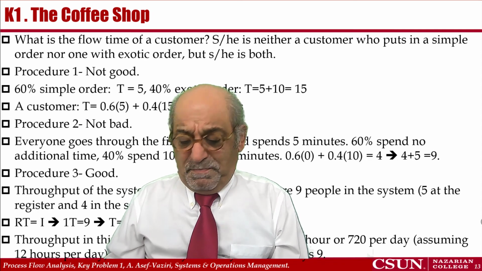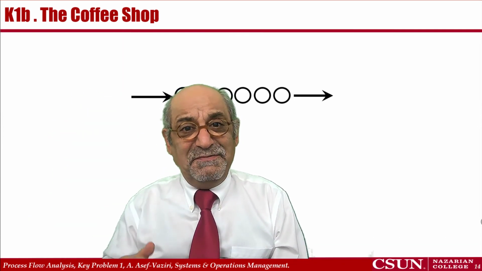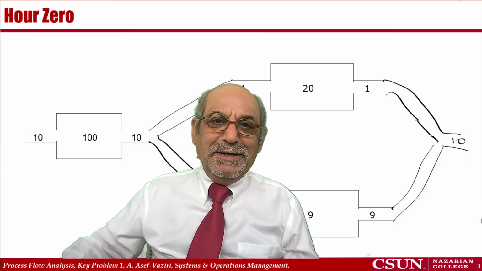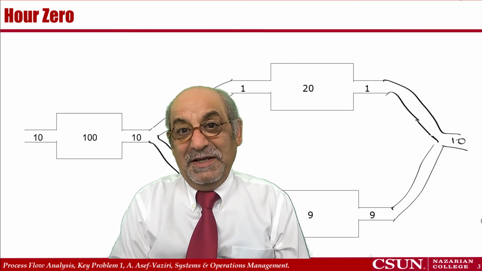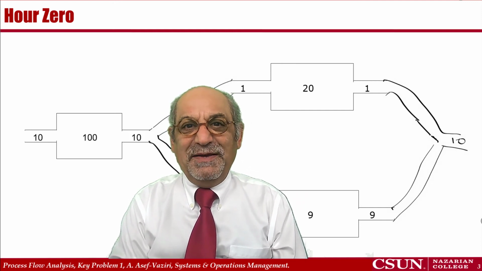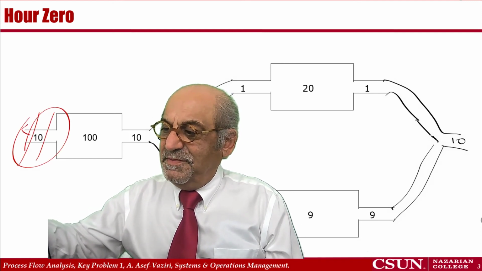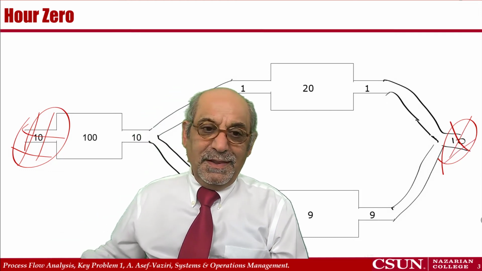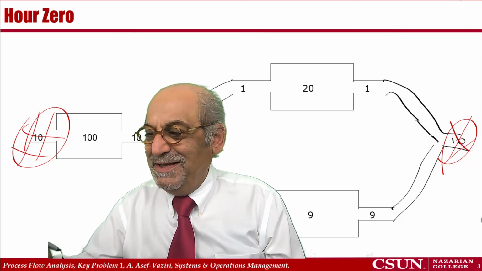Now let's go back and look at the 3 containers that we have at the beginning of this discussion. 10 comes in and 10 goes out. If I ask you what is the flow time in this system, how long does it take a molecule from this point to this point? Your answer is quite simple.